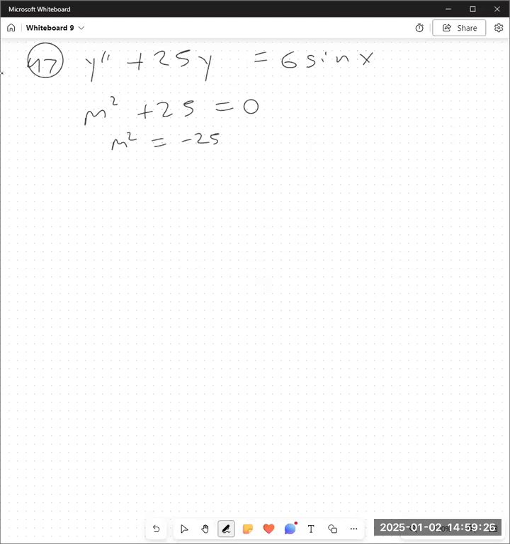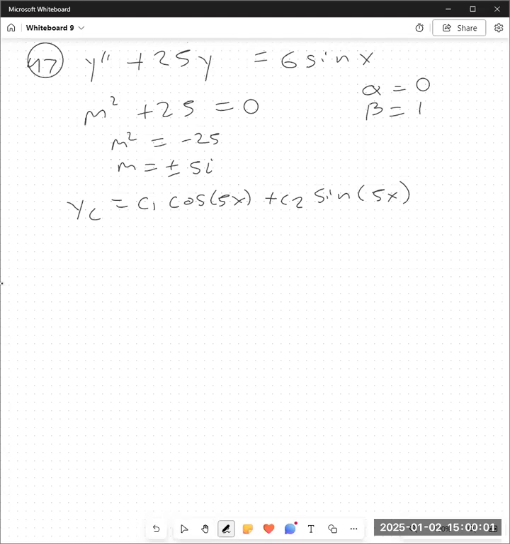M squared equals negative 25, and m equals plus or minus 5i, making my complementary solution c1 cosine of 5x plus c2 sine of 5x.